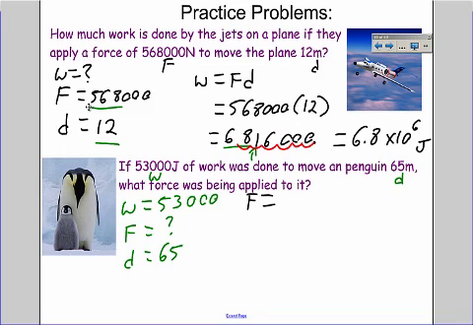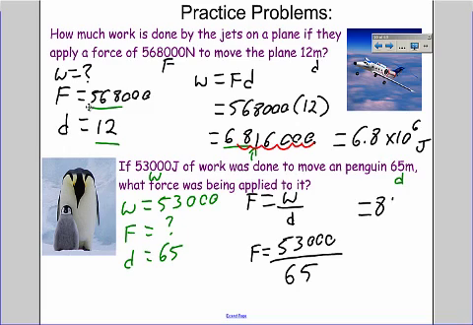Force equals our work divided by our distance. We're going to substitute in what we have. So force equals 53,000 divided by 65, and we end up with 815.38, etc. Please make sure that you don't round right away, because afterwards they may ask you to do something else.